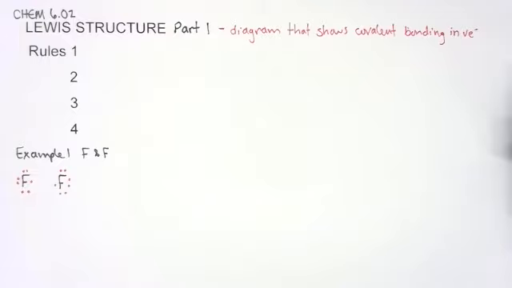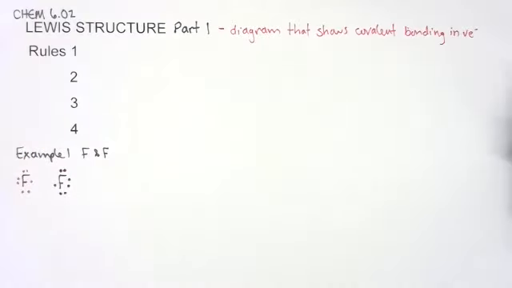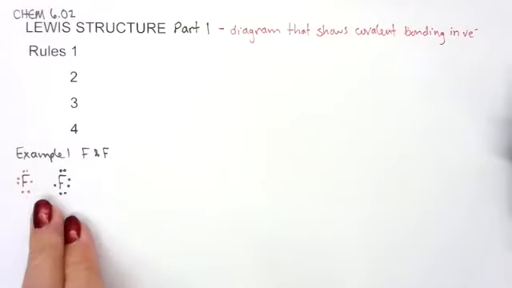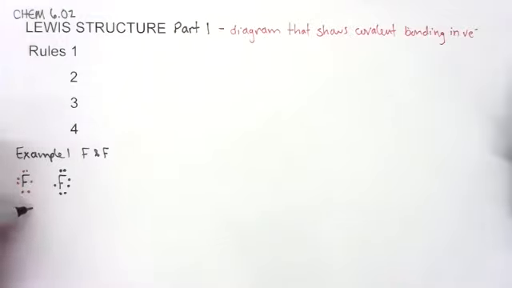Basically, what we see is going to happen, and on this one, I'm going to actually do the diagram first. So if these two come together, right now this has 7 valence electrons and this has 7 valence electrons.